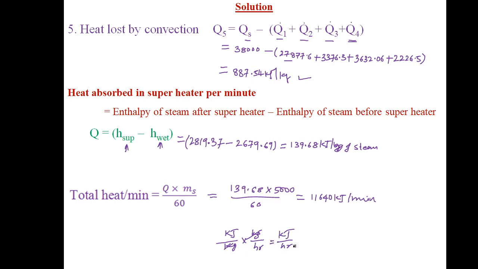If we divide this by 60, it gets converted into minutes. So the unit is kilojoules per minute. So 11,640 kilojoules per minute is the amount of heat added per minute in the superheater.